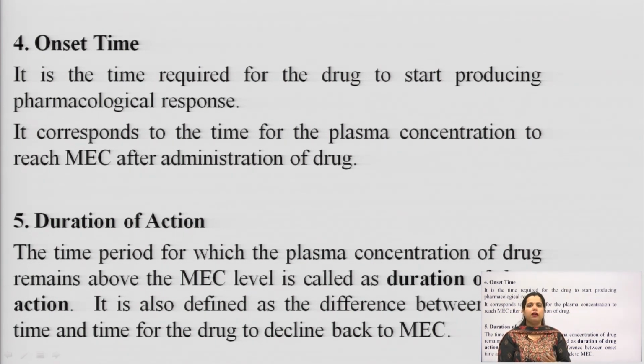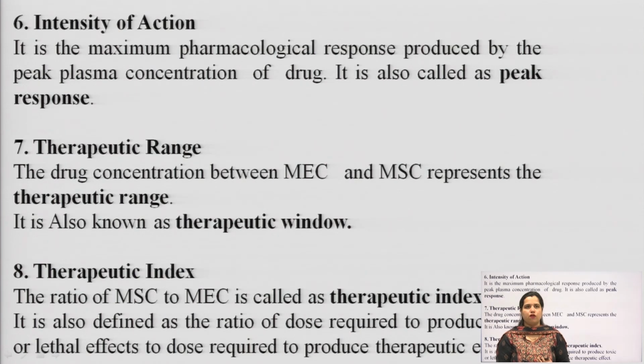That means the effective period in which the drug is showing its effect in the body, right. So, that is known as duration of action. Intensity is how much the drug is giving its effect, the peak response we can say. Therapeutic range: the drug concentration between MEC and MSC represents the therapeutic range, the safe range of drug dose, and it is also known as the therapeutic window.